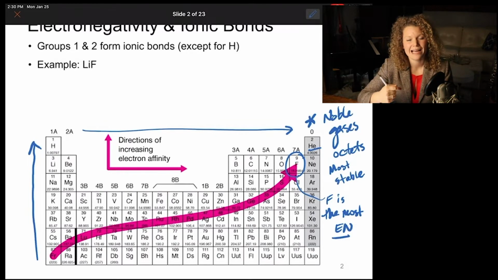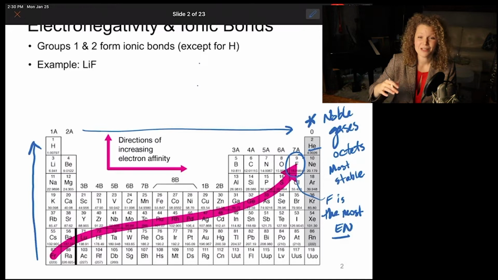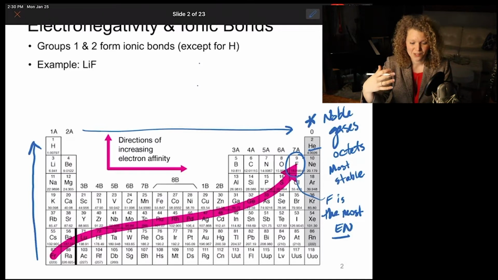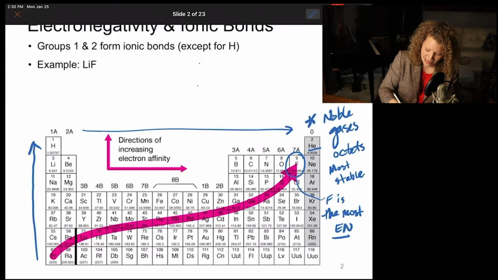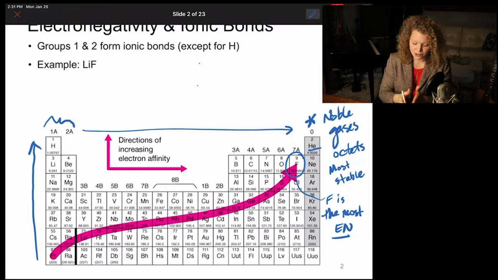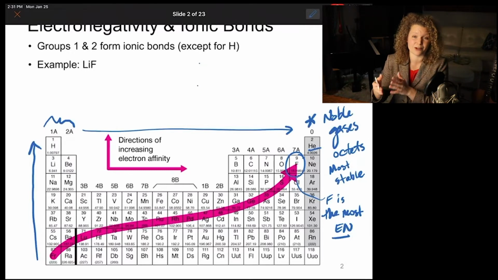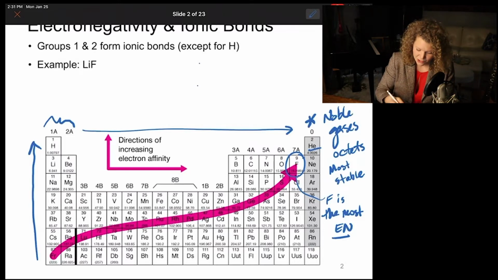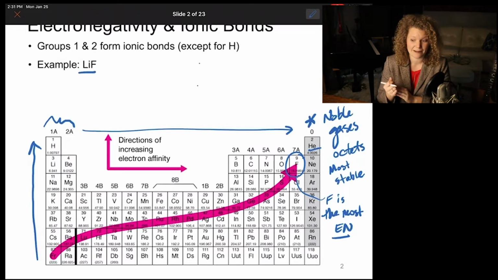In order to form an ionic bond, you essentially need to transfer an electron. So typically what will happen are elements here in groups 1 and 2 are most likely to form ionic compounds. If they lose electrons, they'll be able to have the configuration of their corresponding noble gas.